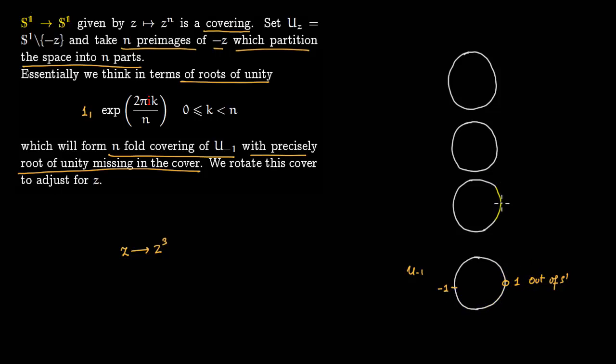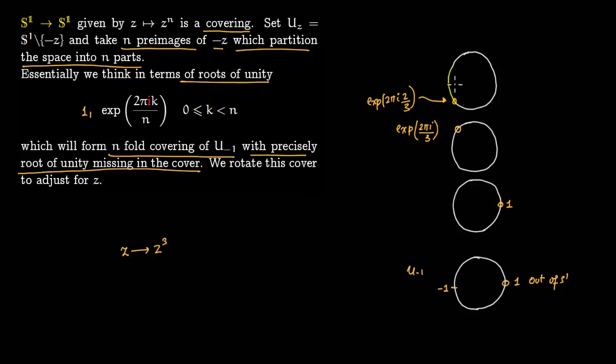So the 3 roots of unity would be: one cover is just this 1 corresponding to this. The second cover is right here. Now I'm going to plug in, this was corresponding to k equals 0, now corresponding to k equals 1, so you have exponential of 2 pi i over 3, and then right here the missing point is corresponding to exponential of 2 pi i 2 over 3.